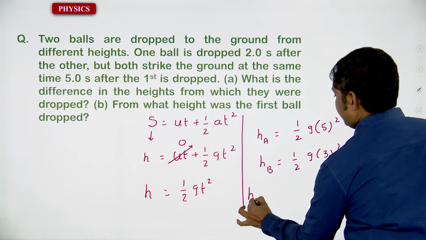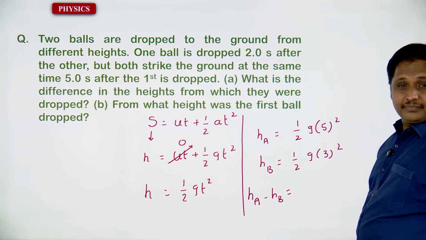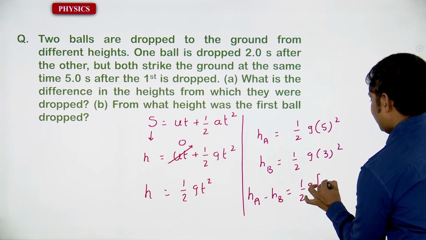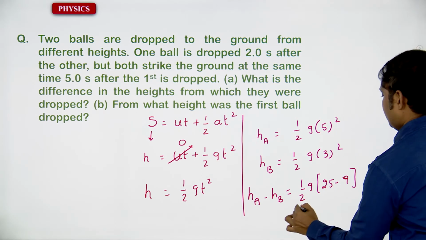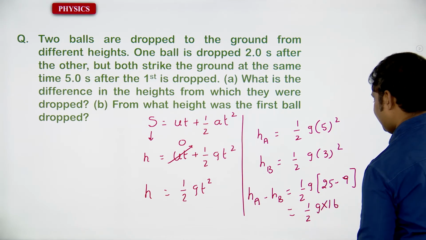So H A minus H B is equal to 1 by 2 g into 25 minus 9. You have to get that 1 by 2 g into 16. It's very clear.